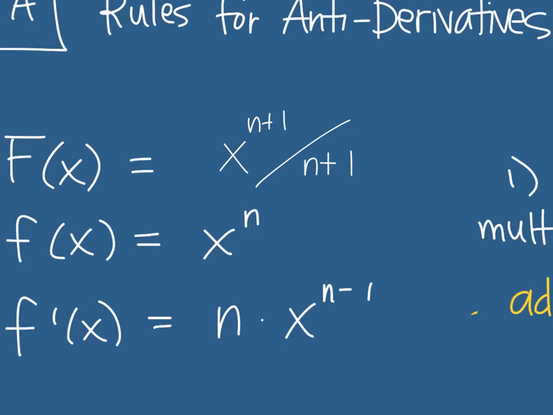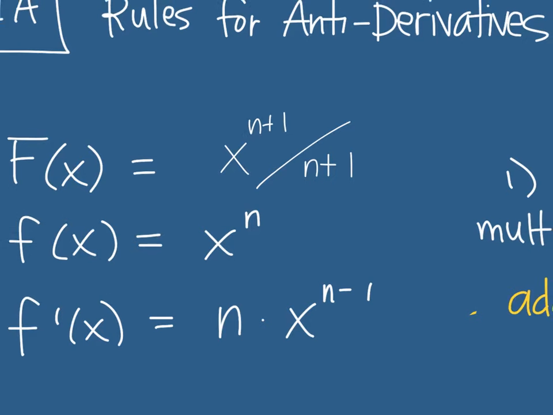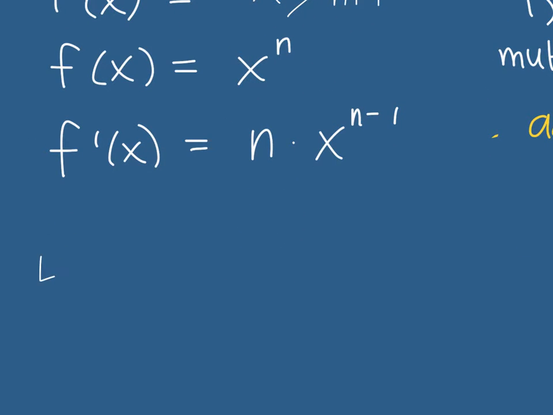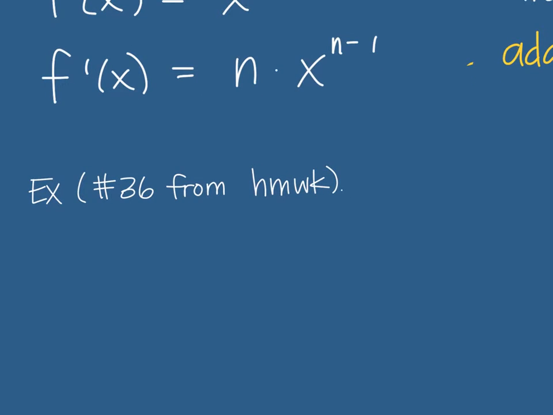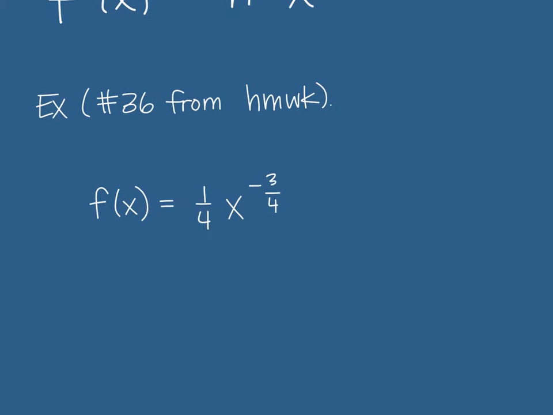So I want to apply that to the question that you just did, number 36. Our example is question 36 from the homework. We were given 1/4 x to the negative 3/4. To come up with the antiderivative of that, the 1/4 doesn't affect anything.